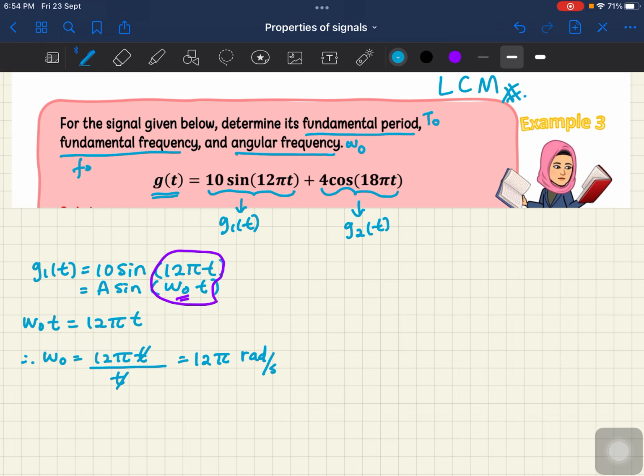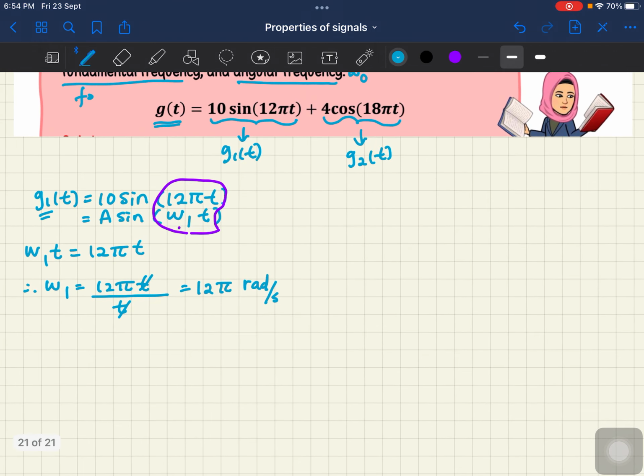By the way, I'm going to make a little modification here. I'm going to write this as omega 1, because we are calculating for g1. When we calculate the fundamental period for g1, we get T1.